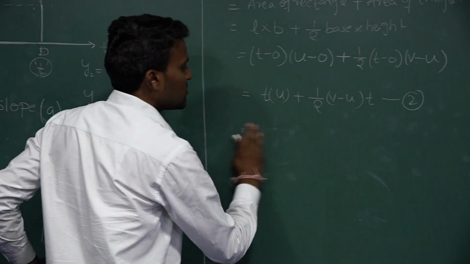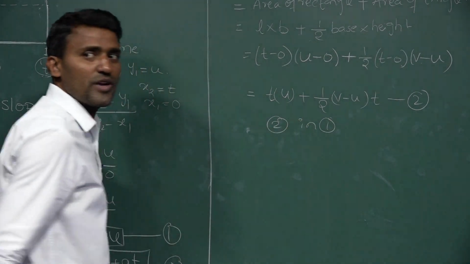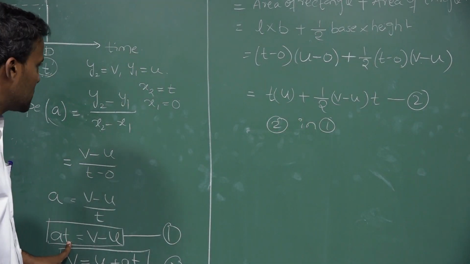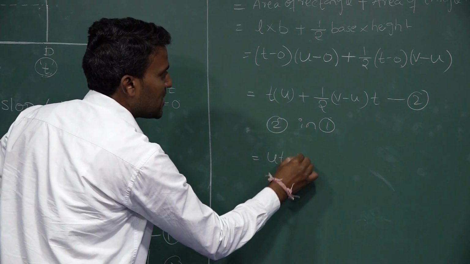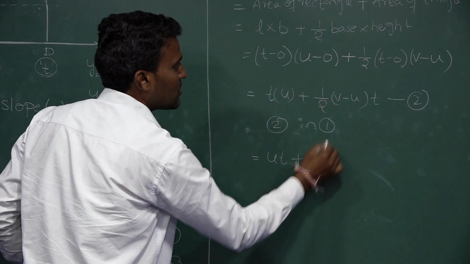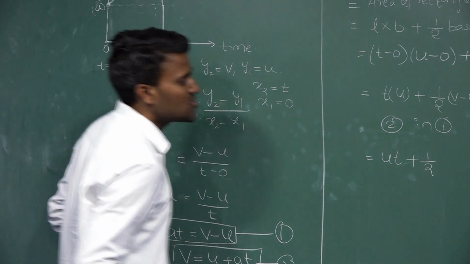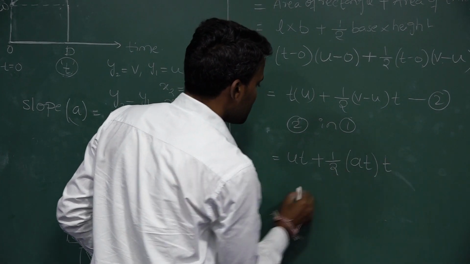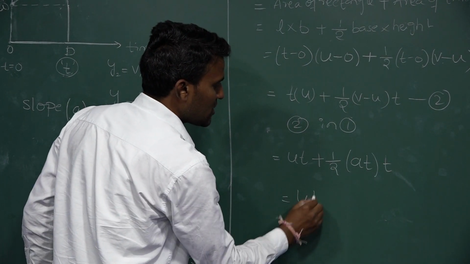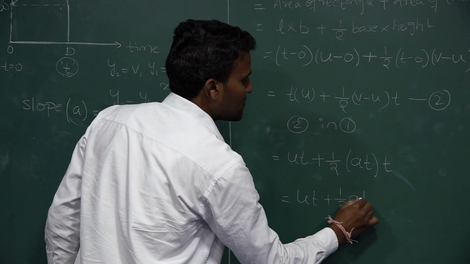Substitute equation 2 in equation 1. So ut plus 1 by 2, and v minus u is equal to at, so at into t gives ut plus half at squared.